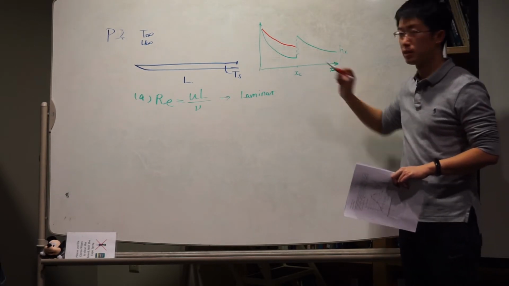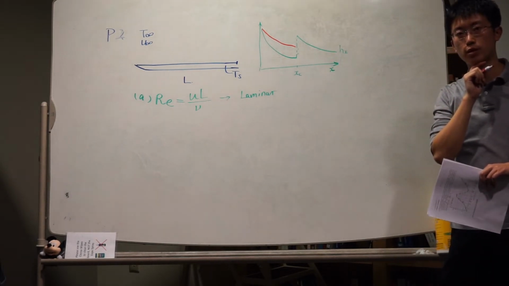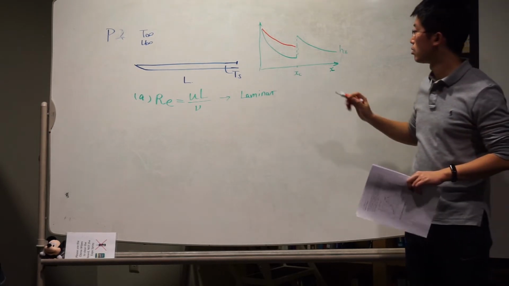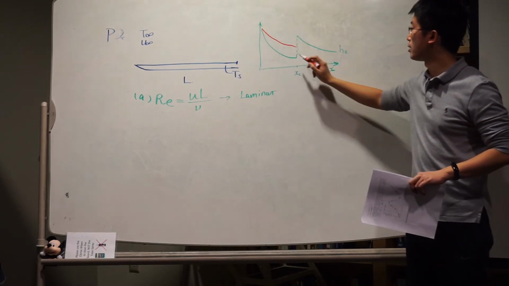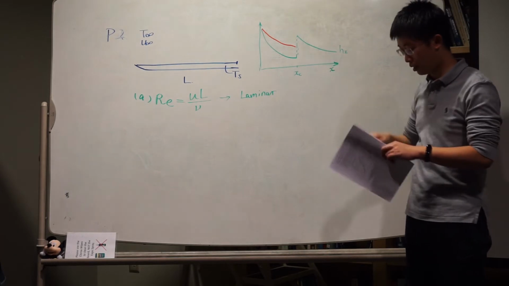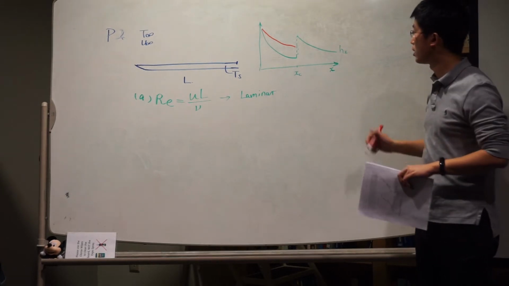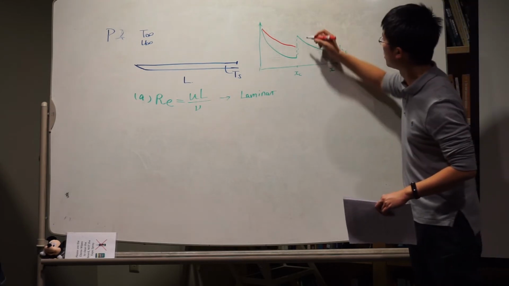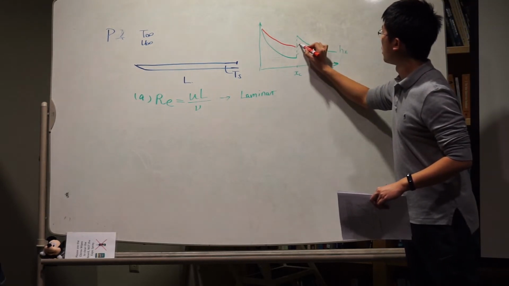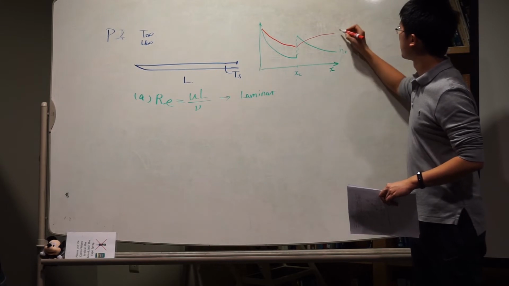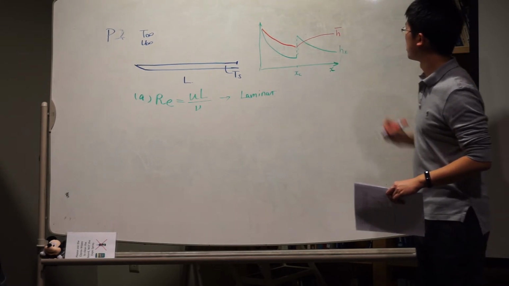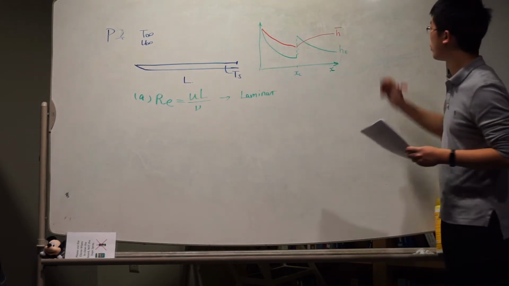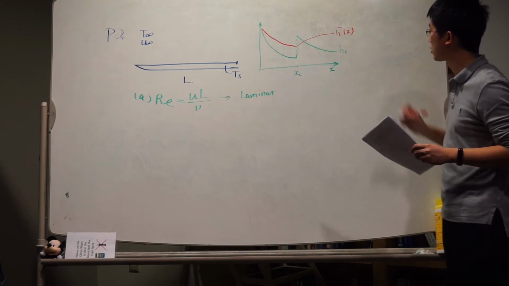And then what happens at the transition zone? When we do the average, we take the integral, right? Although here it is not continuous, when we take the integral, it is continuous, just not smooth anymore. And then this part actually goes this way. This is the average heat transfer coefficient, which can also be a function of x.